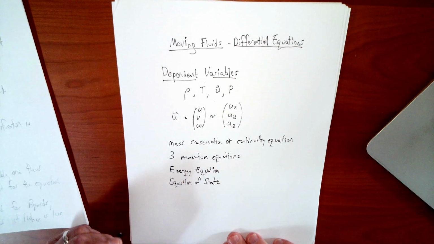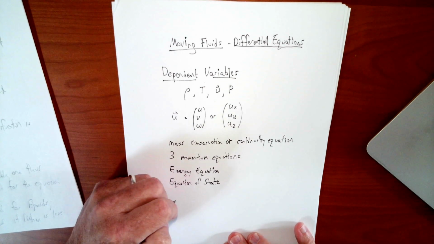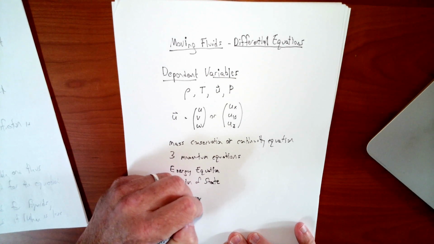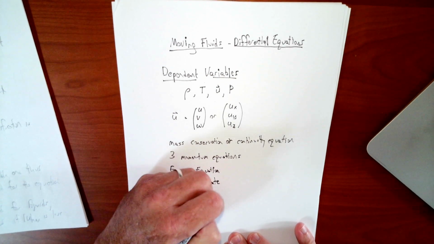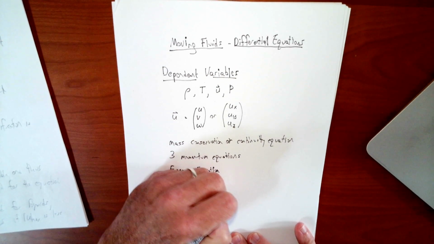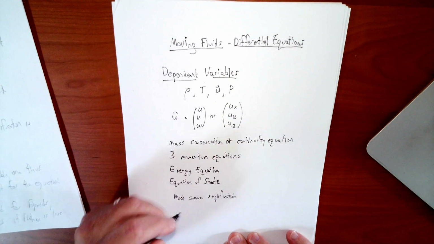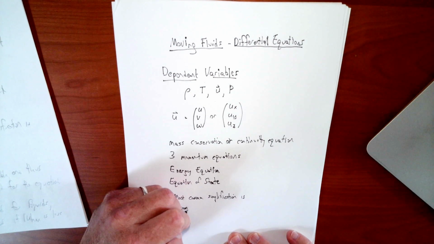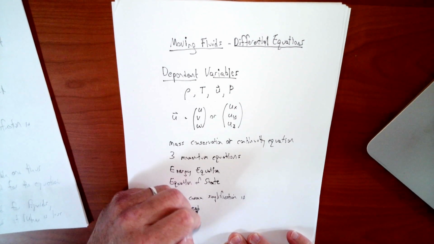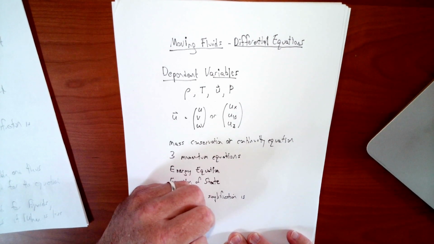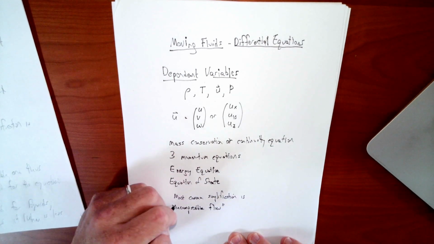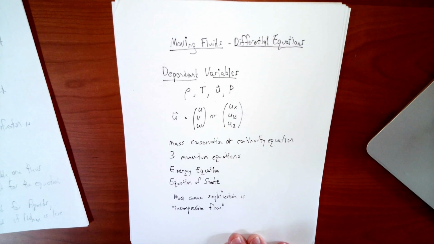One of the most common simplifications, we've already used it many times, is this incompressible flow assumption. We've been talking about this almost since the very beginning of class, that many, many, many of the flows that we are interested in as engineers are incompressible.